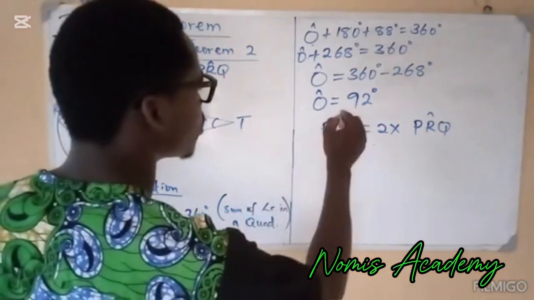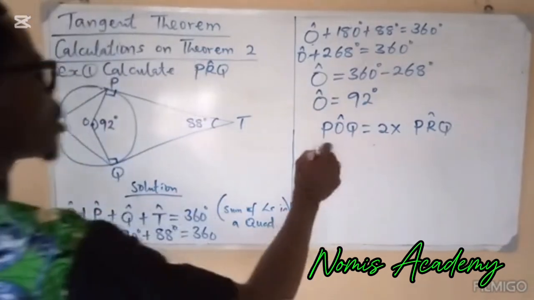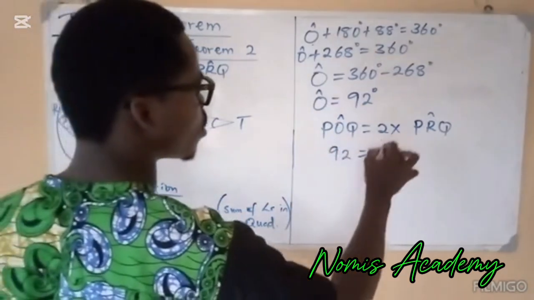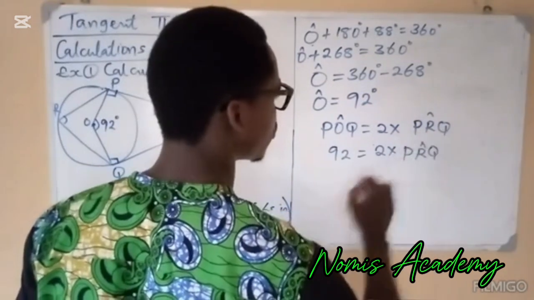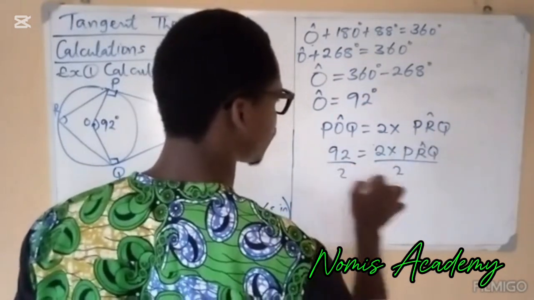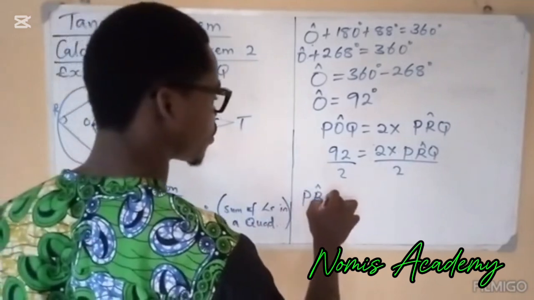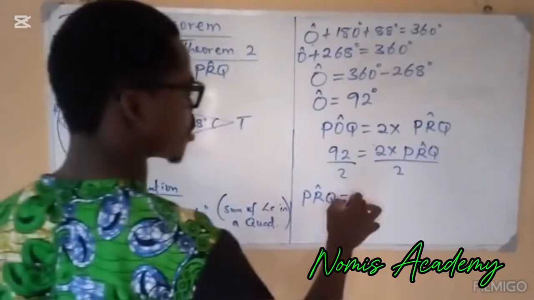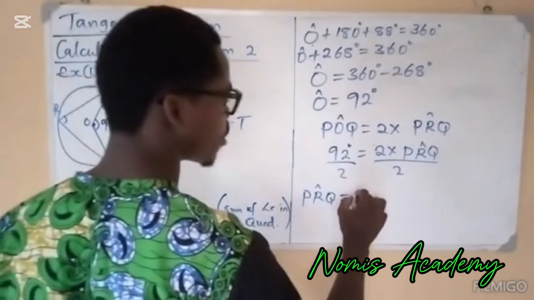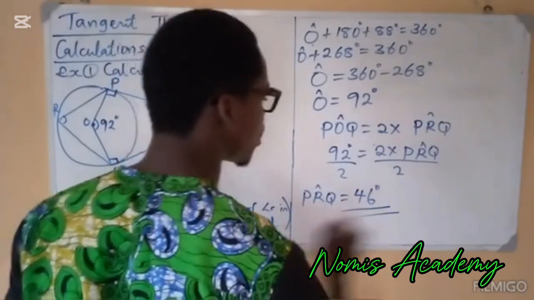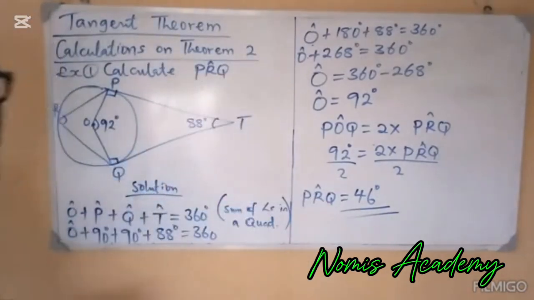Let's use this symbol so that it will be uniform. Now POQ, which is 92 degrees, equal to 2 times PRQ. So divide both sides by 2. PRQ is equal to 92 degrees divided by 2, which is 46 degrees. So the particular angle PRQ is 46 degrees.